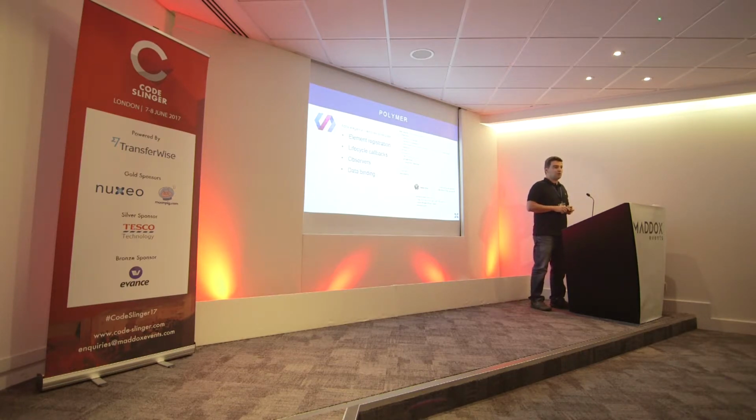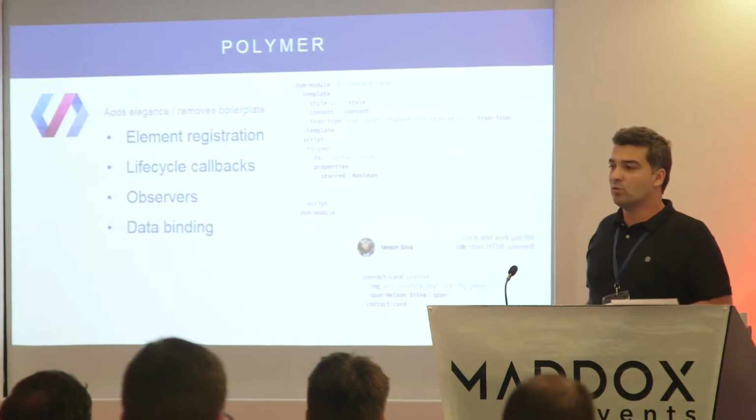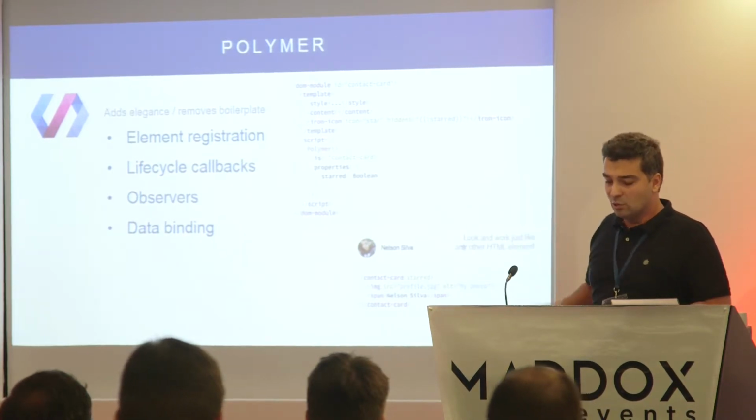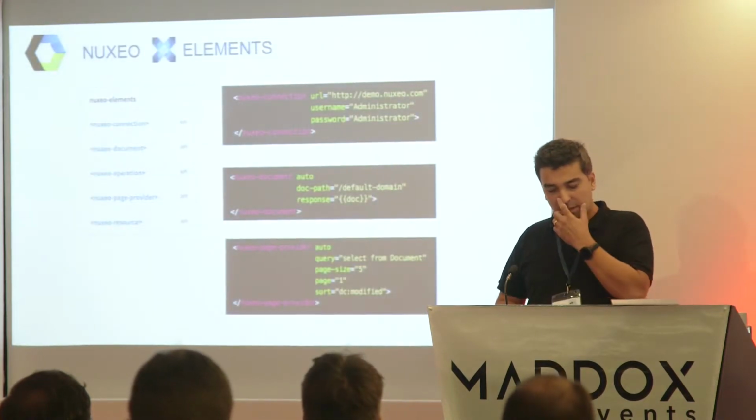And the good thing is that there was no magic with Polymer, especially starting from version 0.8. It was really simple. It just removed some boilerplate, added some elegance, and brought in some nice things like observers and data binding, and made it very easy for us to build elements in a very declarative way. Everyone really appreciated simplicity, so we knew this is what we wanted to use to build these elements.